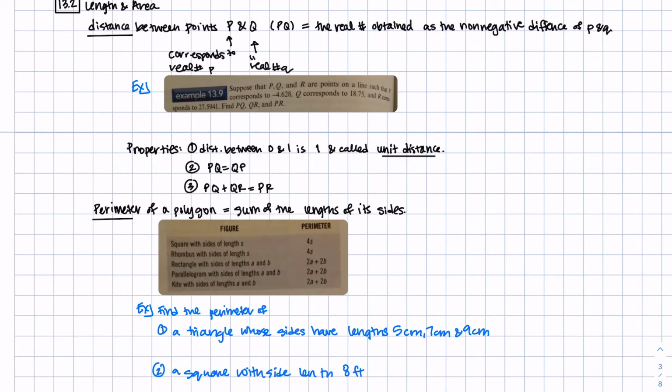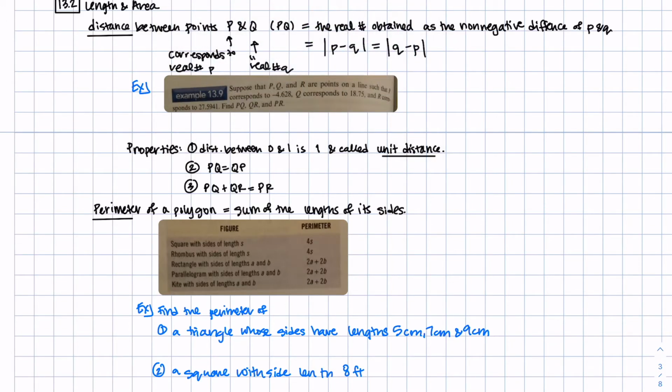Okay, and then in that case, the distance between P and Q, which we denote with just putting those 2 points next to each other, capital P, capital Q, is the real number obtained by the non-negative distance of P and Q. So one way to write that is the absolute value of p minus q, which is the same thing as the absolute value of q minus p. So taking their difference and making it positive.